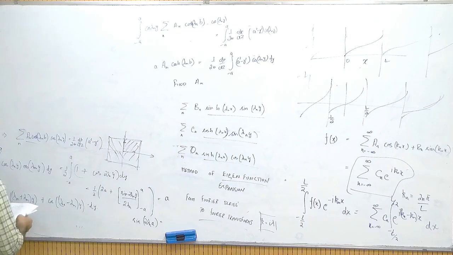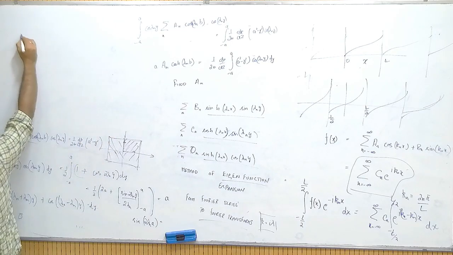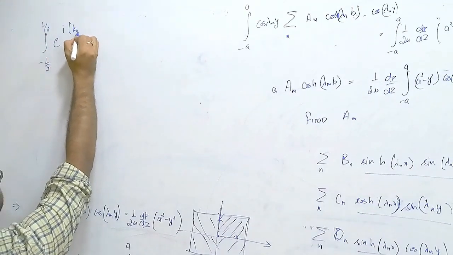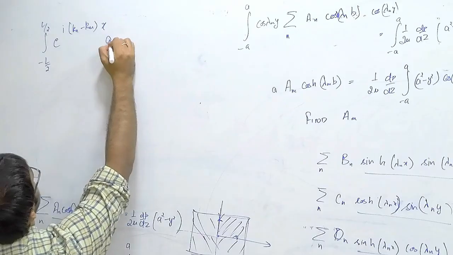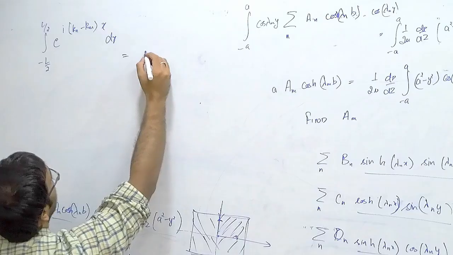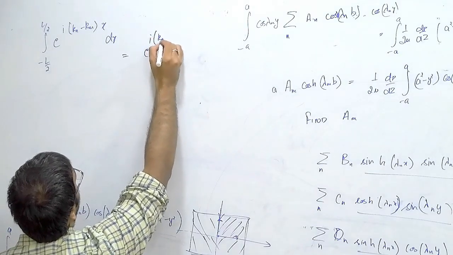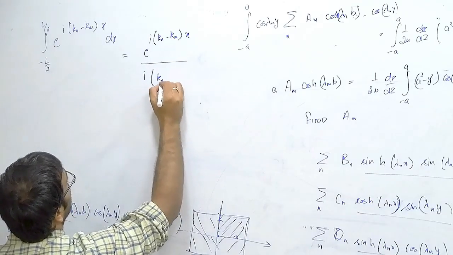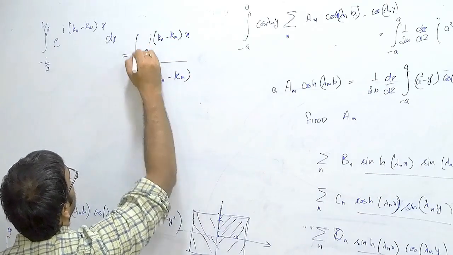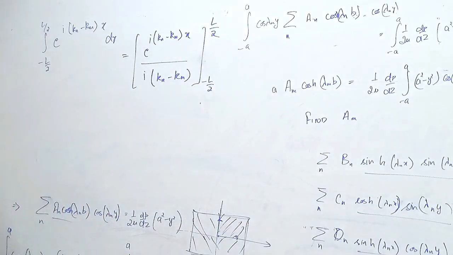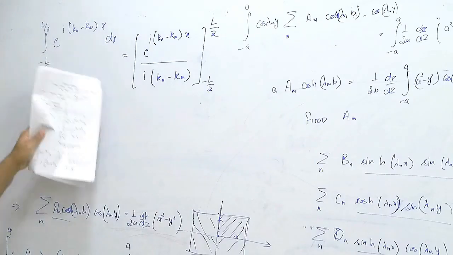So now, this integral from minus L by 2 to L by 2 of e to the power i kn minus km x dx, what is this? What is this integral? Okay, this is what we have for this particular integral.